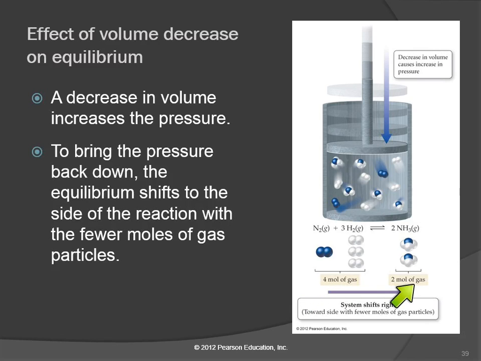If it shifts to the right, it goes from 4 moles of gas to 2 moles of gas. That's going to alleviate that pressure increase, right? By shifting to the right, it can cause there to be fewer molecules of gas present, and the pressure will come down. If it shifted to the left, it would increase the number of moles of gas, and the pressure would go up more. It doesn't want to do that.